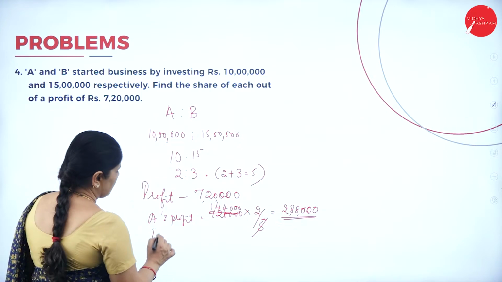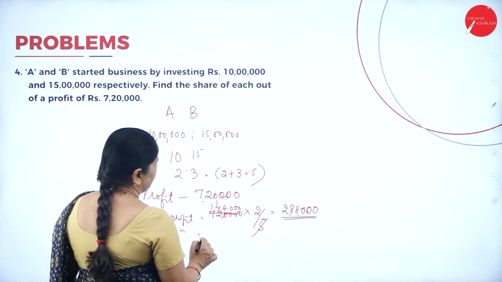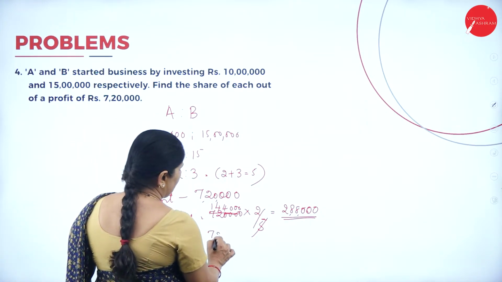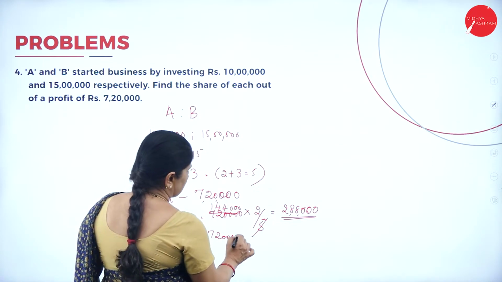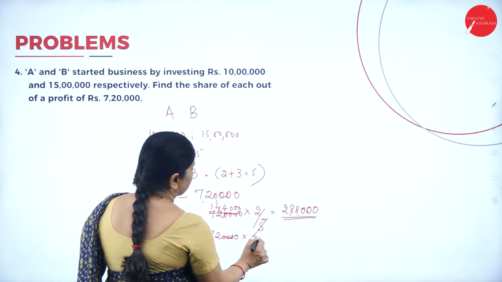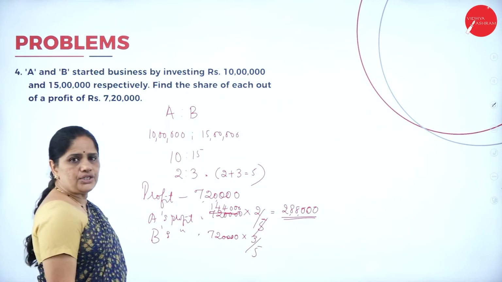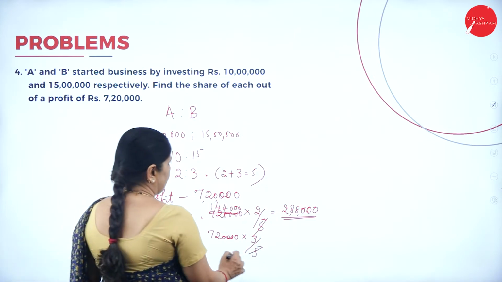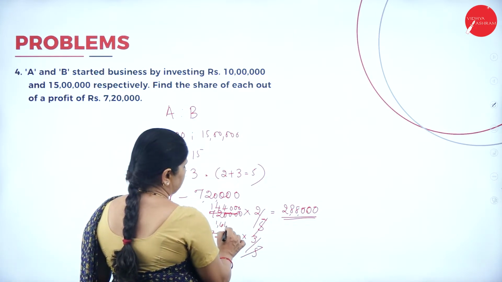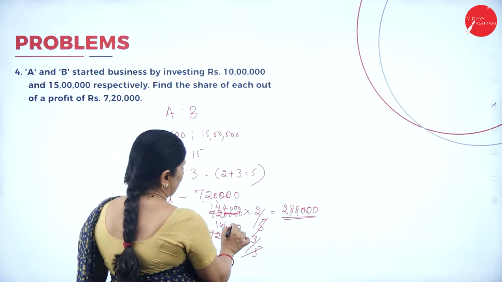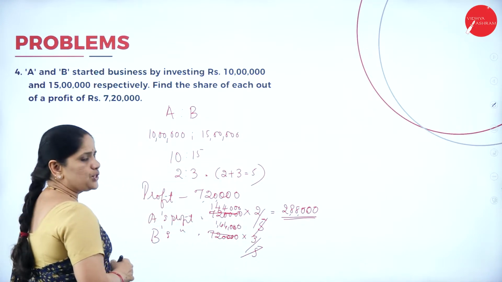Now B's profit will be equal to 7,20,000 into 3 by 5. Again we simplify this, I get 1,44,000 into 3.